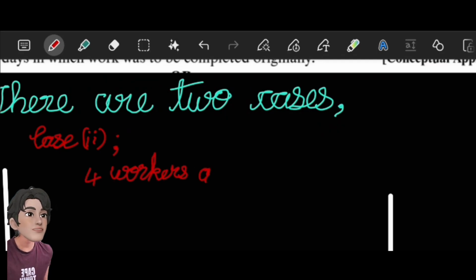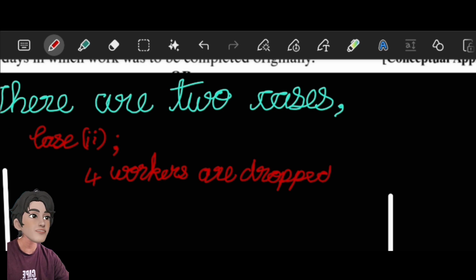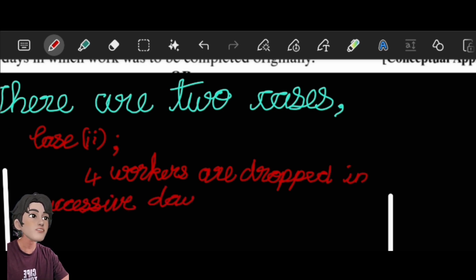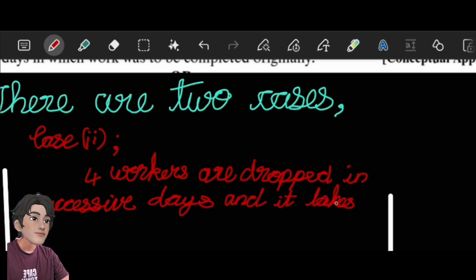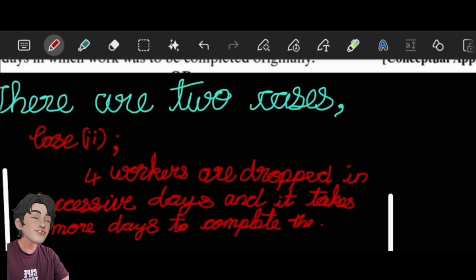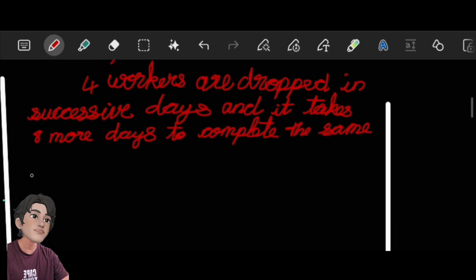In case 2, we have been given that 4 workers are dropped on successive days, and it takes 8 more days to complete the same task. As it's the same task, here also the work done is x.